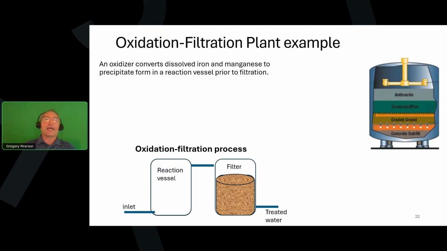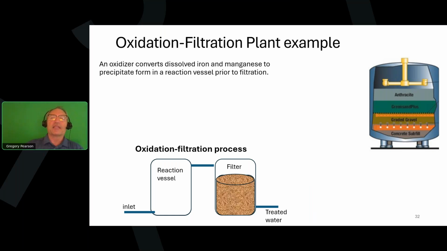And that green sand is a special sand that's coated with manganese oxide that will help to capture iron and manganese. On the bottom, you can see the oxidation filtration process where we have water coming into a reaction vessel where the dissolved iron and manganese is converted to precipitate form, and then it can be filtered.